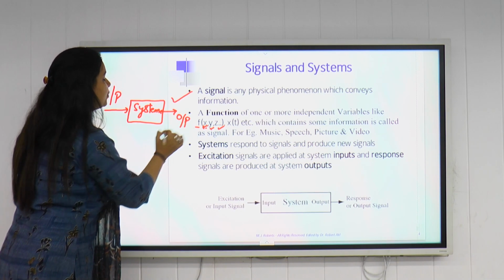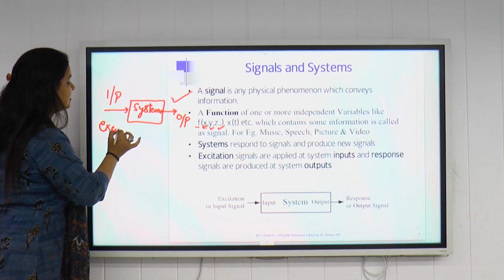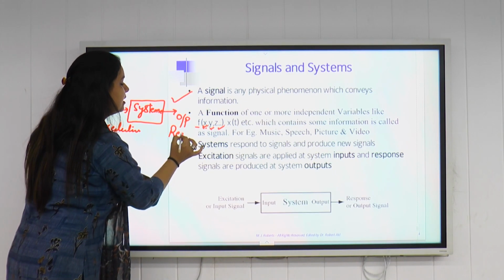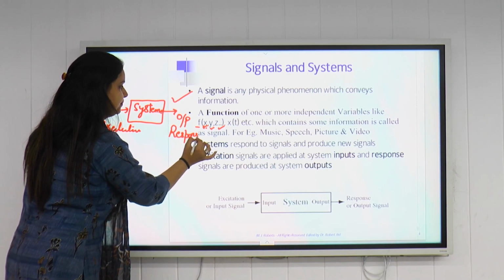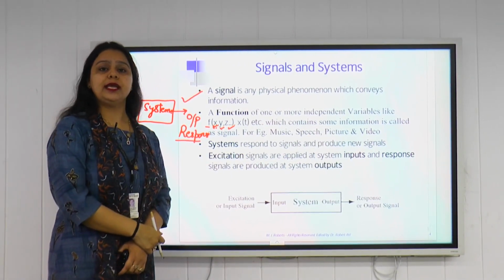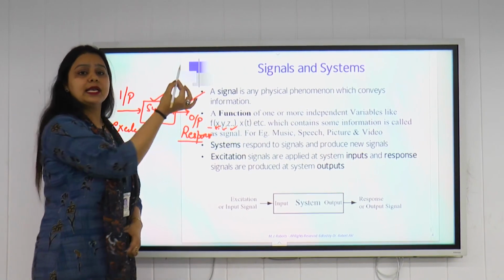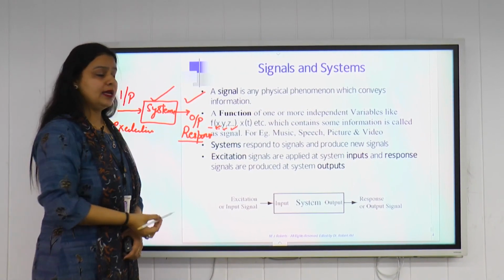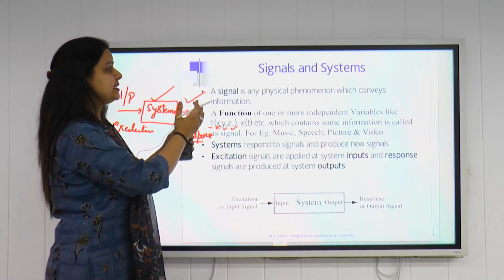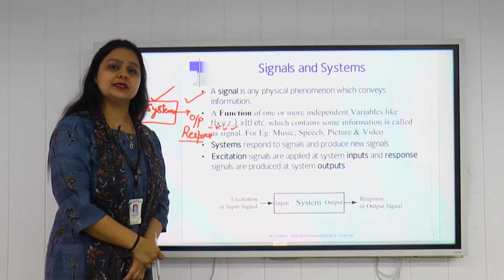One point to be noted is that the input signals are known as the excitation signals and the output signal is known as the response signal. So the signals contain the information, and whenever these are given to a system, which is a physical media for the processing, we get the output signal in response. This slide contains the knowledge about the signals and the systems.